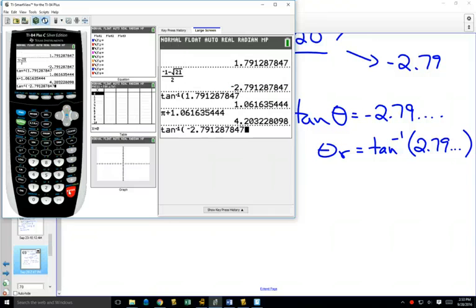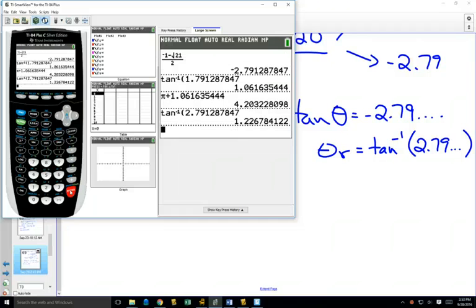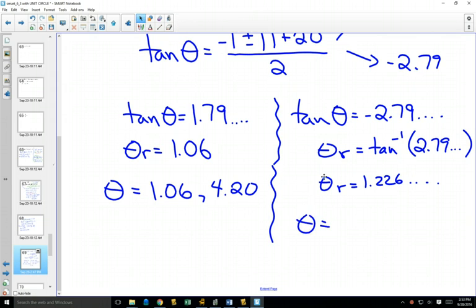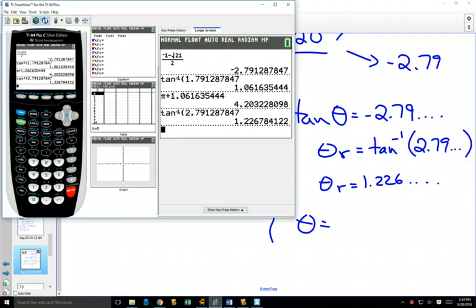Now, when I select that, it's going to have that negative in there, so I'm going to have to go back too far, and delete that negative out. And now we get a reference angle of 1.226.